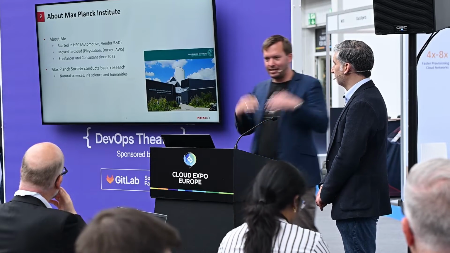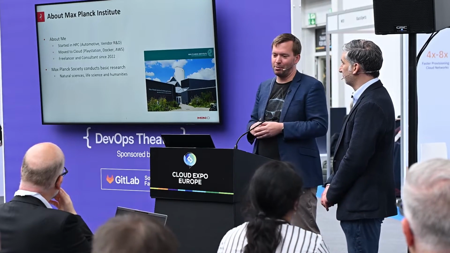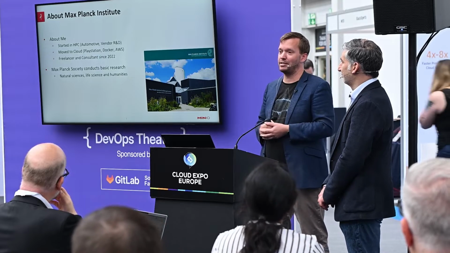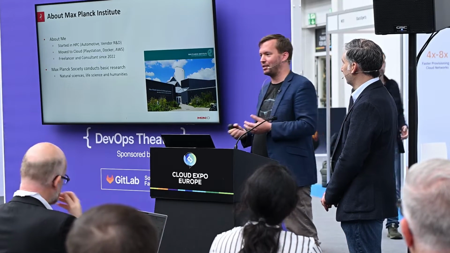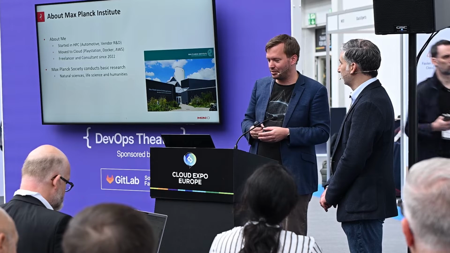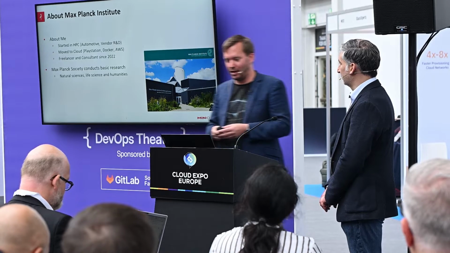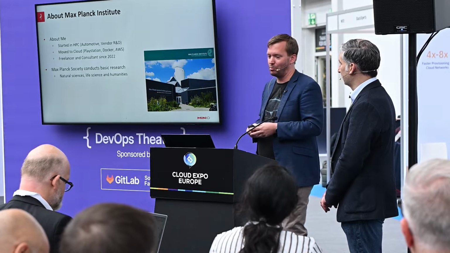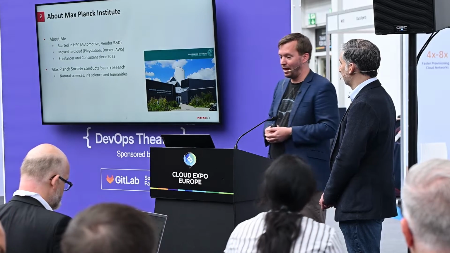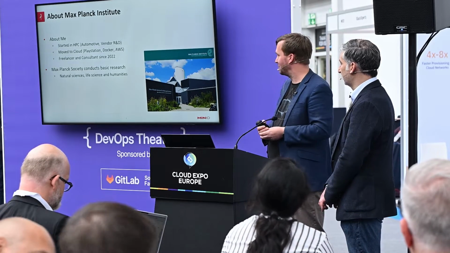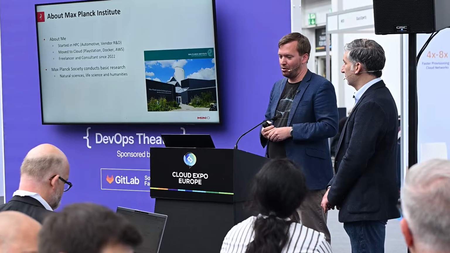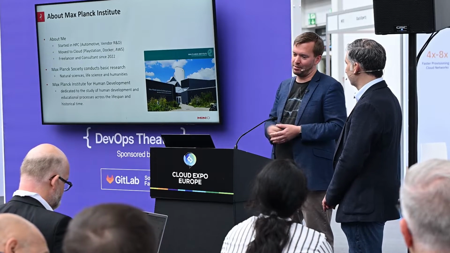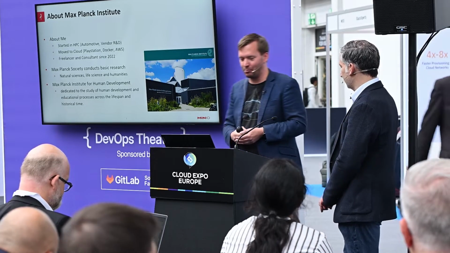The Max Planck Society is kind of the umbrella organization above all the institutes, and it conducts basic research in natural science, life science, and humanities. It was founded in 1948, and it has 31 Nobel laureates in their ranks, 84 institutes and research organizations, one of which is the Max Planck Institute for Human Development.